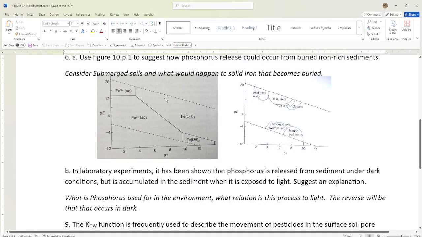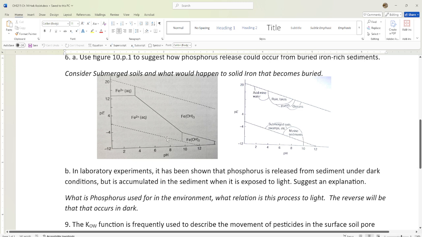Well, submerged soils typically have low oxygen. Submerged soils have a pH of 4 to 6, 4 to 7, kind of like that, and they have low oxygen content.